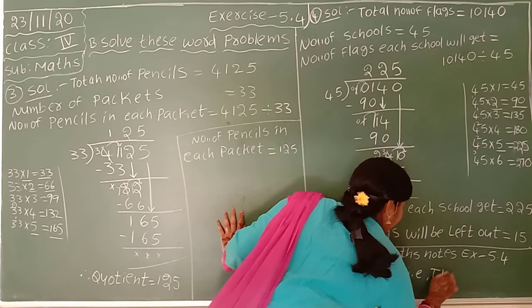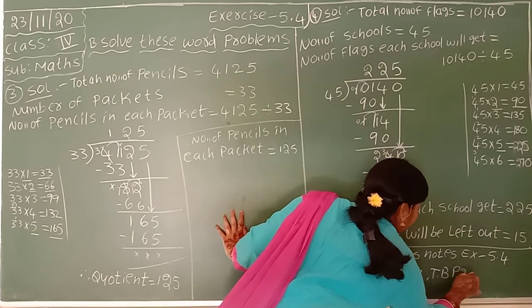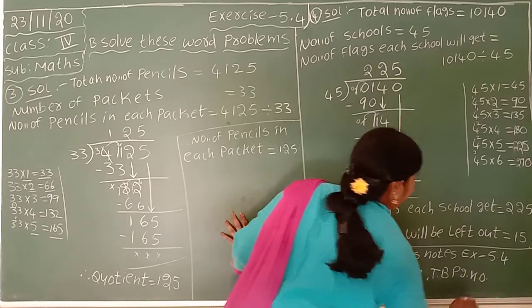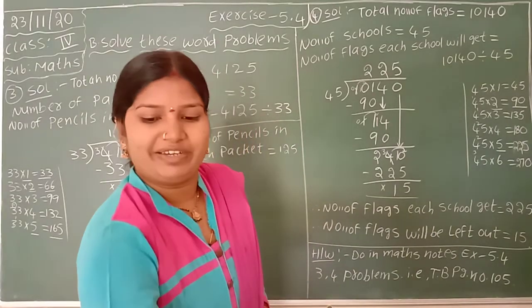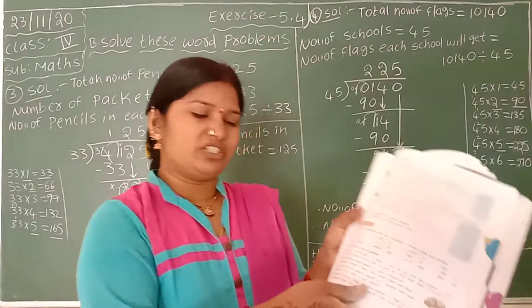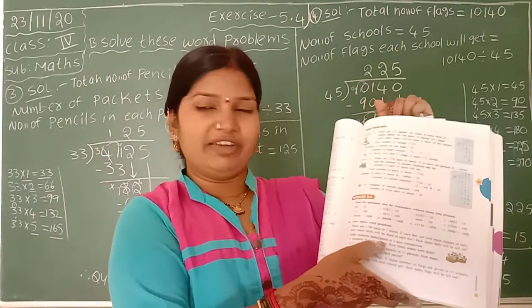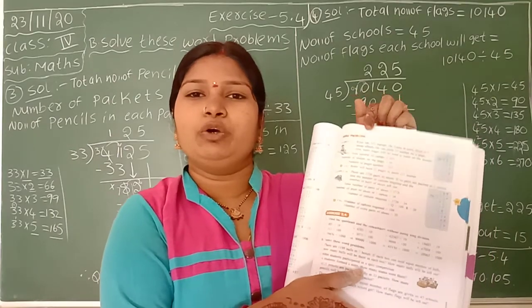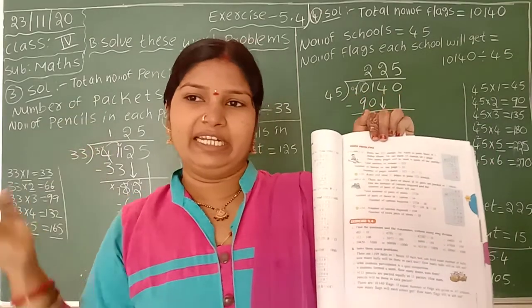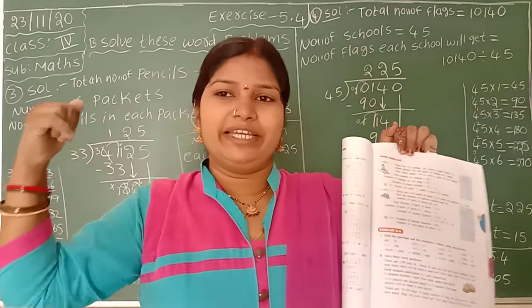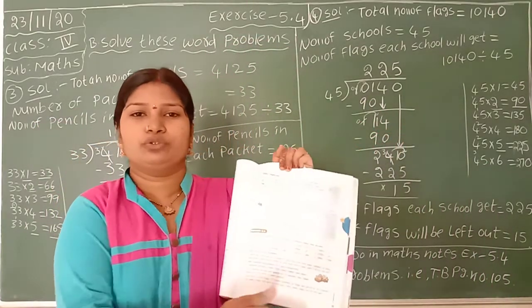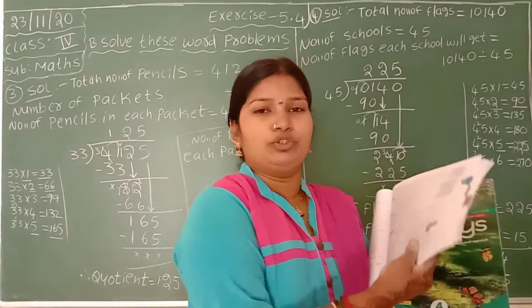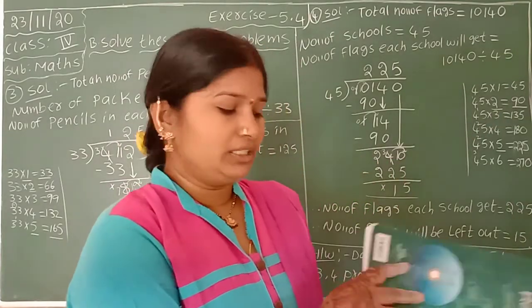That is textbook page number 105. Once see, children, textbook page number 105, they have given 3 and 4. First of all, open your notebook, write down date and day, copy the question, then do the answer. After that, leave some place and write down the 4th question and write down the 4th problem. This is your homework today. Thank you.